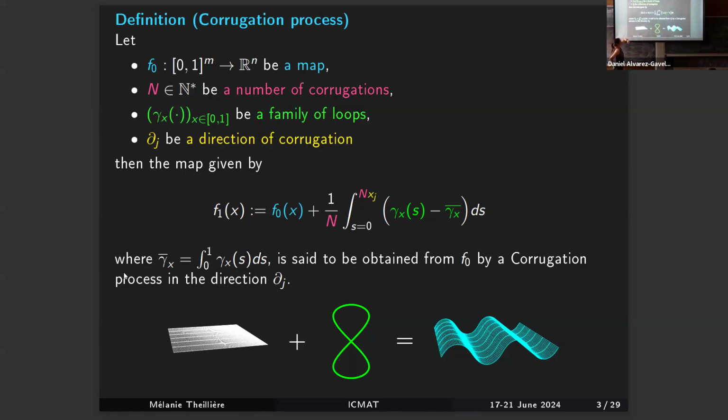So then we say that F1 is obtained from F0 by a corrugation process in the direction xj. And I showed you at the end yesterday, there are a lot of formulas which exist to use convex integration in several cases. And why I use this formula more than each other one, because this formula has some special property.